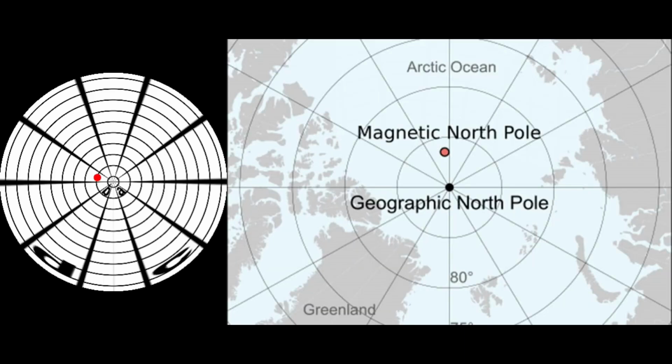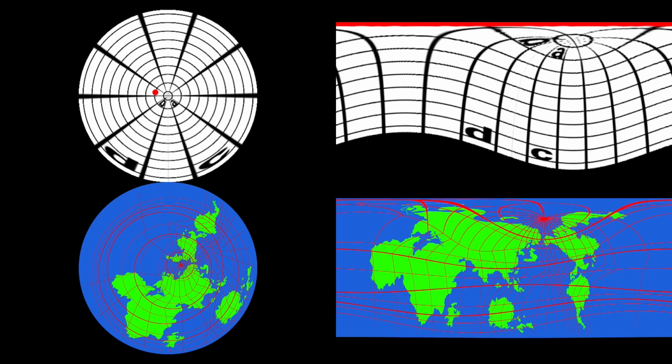This is analogous to the disparity between the magnetic and geographic north poles on Earth. In this coordinate system, the geographic center is different from the magnetic center of the coordinate system. Notice the waveform and the latitudes of the converted cylindrical projection.